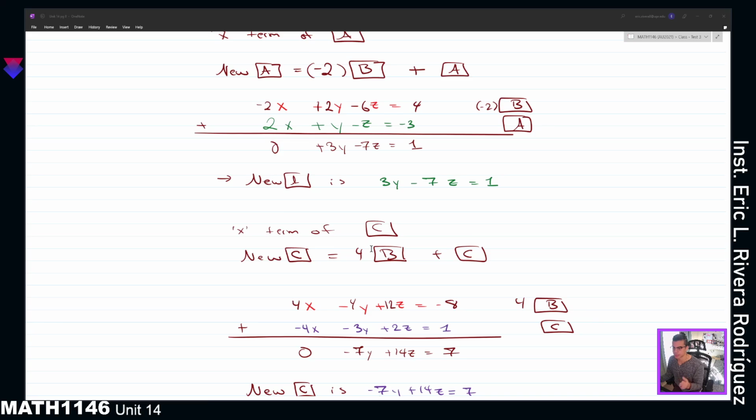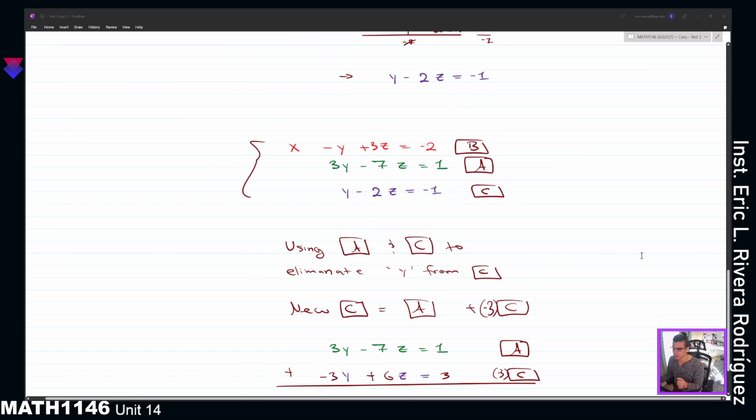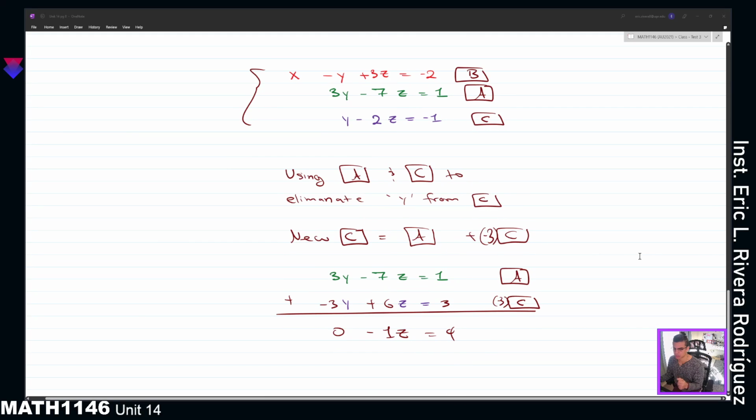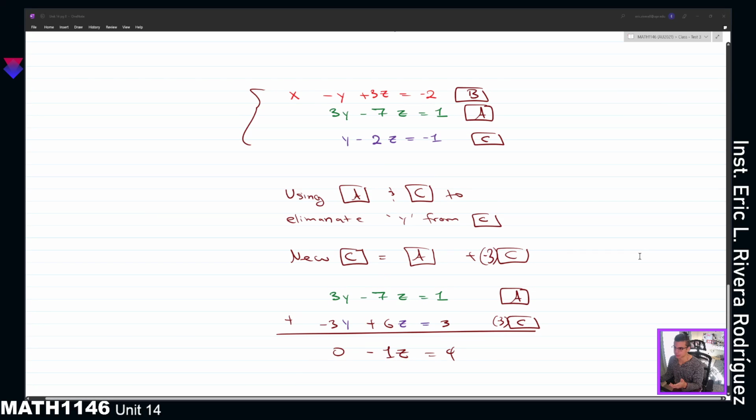So always make sure that you are getting the correct answer. I just want to make sure that I'm putting the right numbers. So I'm multiplying -3 by C. So just a moment. Let me finish this.